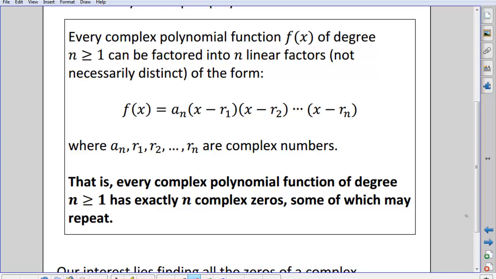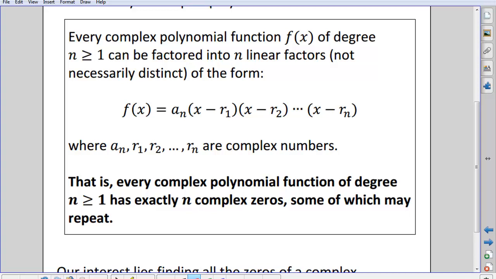We stressed last time that that's a maximum. It's not a guaranteed number, so you could have less than that. The last problem we worked in the video for 5.5 was a 5th degree polynomial, and we only found, counting multiplicity, three real zeros. So for real zeros, it's not guaranteed.